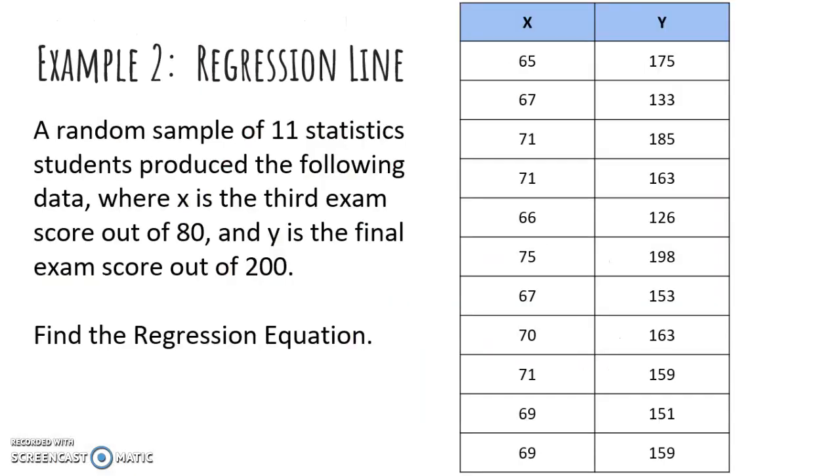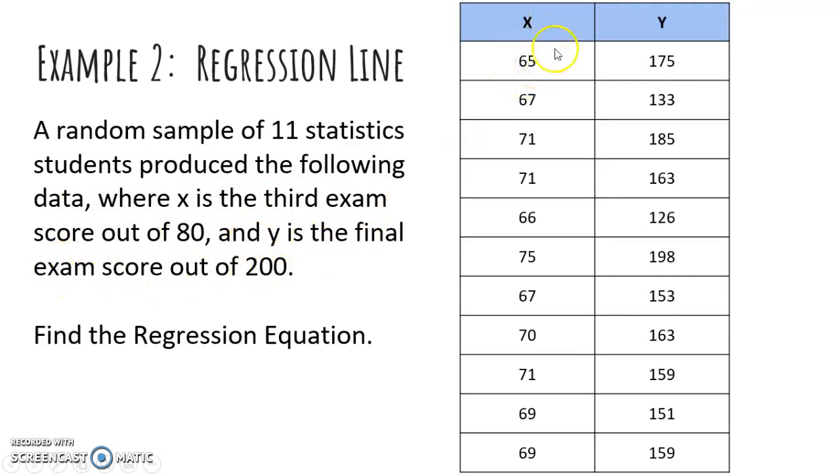All right. So here is example 2. Pause the video and see if you can find the regression equation. Okay, so hopefully you paused the video and you attempted this. It says a random sample of 11 statistics students produced the following data, where x is the third exam score out of 80 and y is the final exam score out of 200.